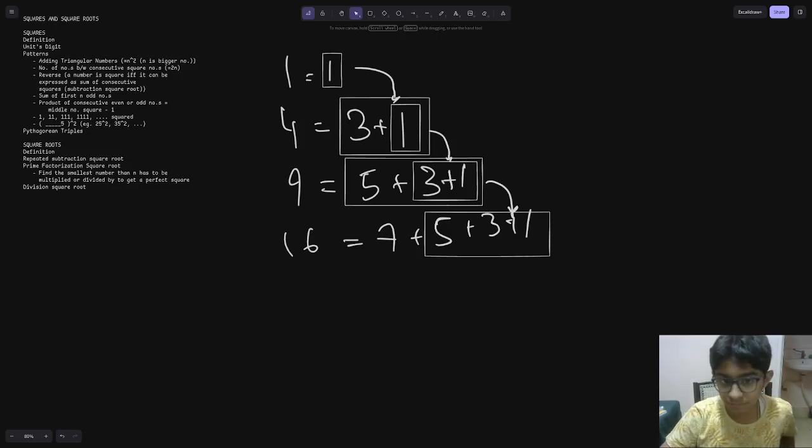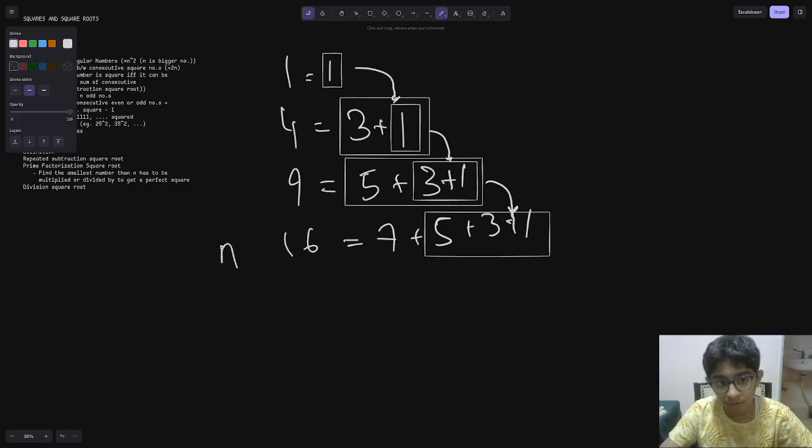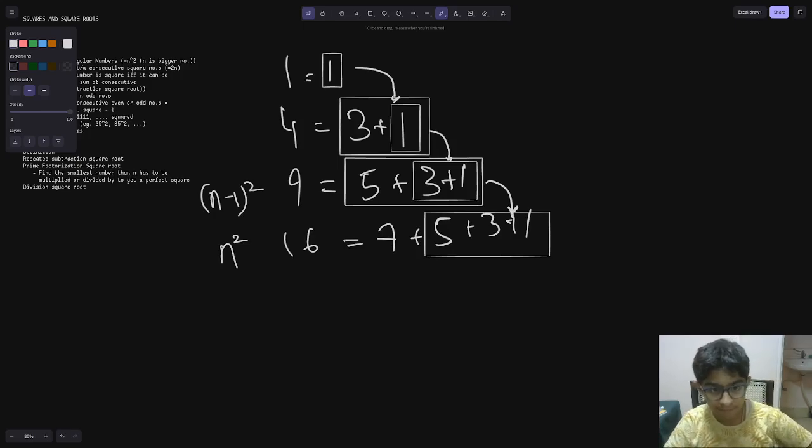If I take this number as n, and the previous number here as n minus 1, then I know this number is n square and this one is n minus 1 square, because it's the previous number square. And this is the nth odd number.